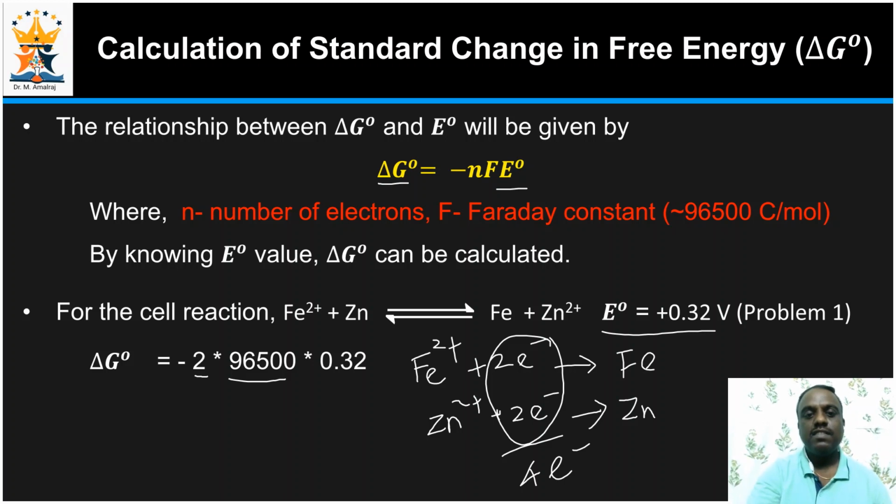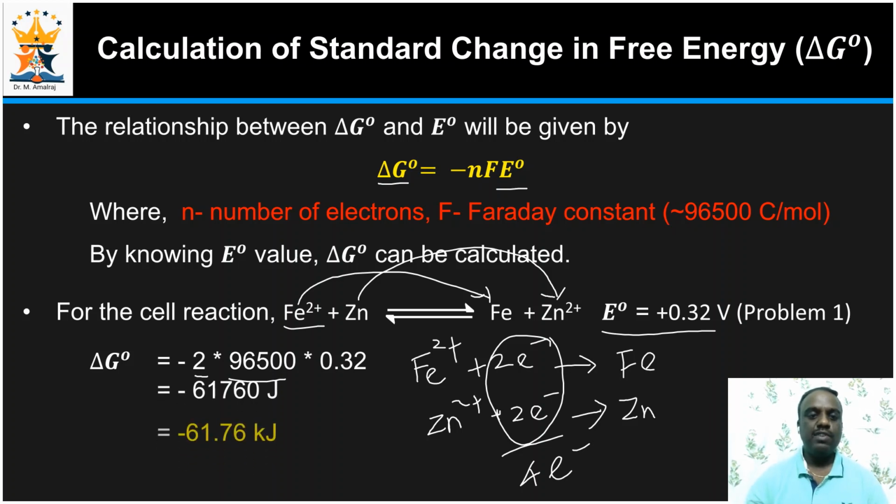The electrons generated due to the oxidation of zinc to zinc 2 plus will be accepted by Fe2 plus, which gets reduced to Fe. So we should not add these two. The number of electrons involved in this particular cell reaction is only 2, it is not 4. After solving this, we will get the delta G naught value and we can convert it into kilojoules by dividing the joules by 1000.